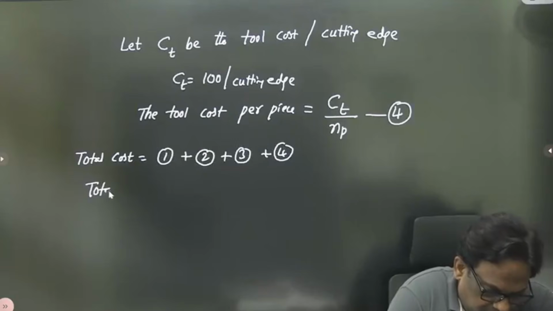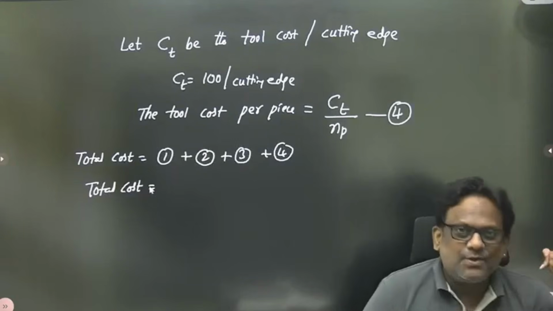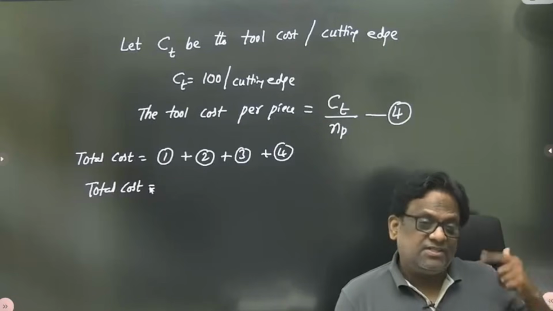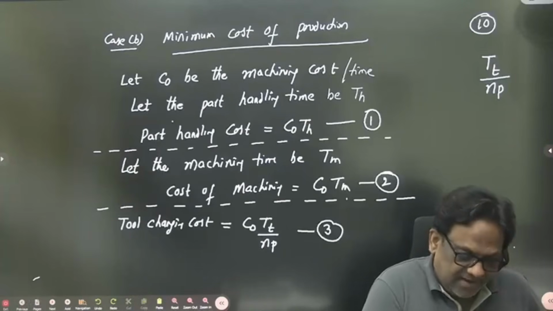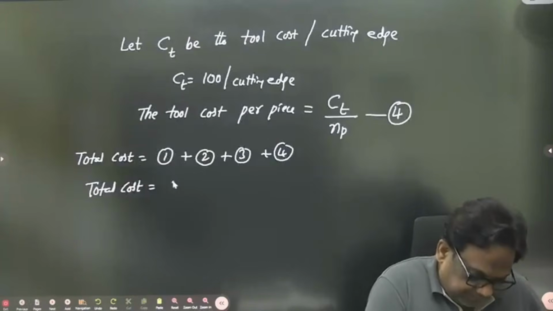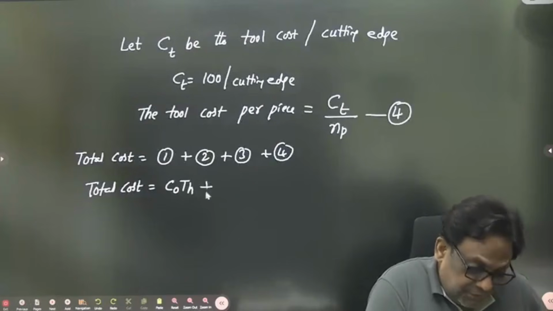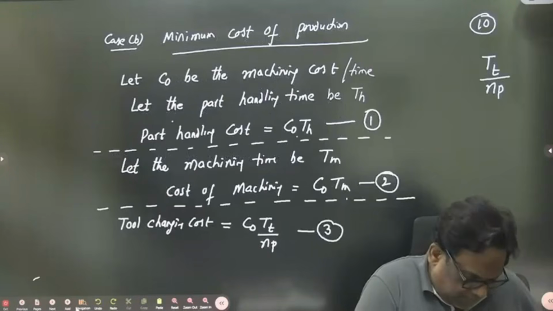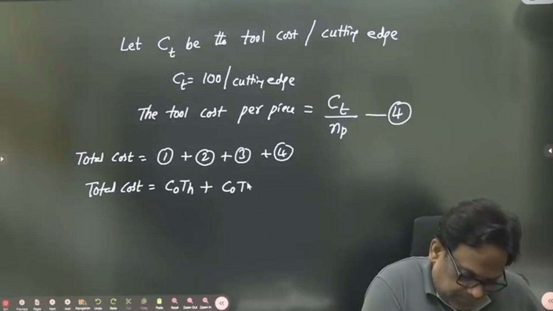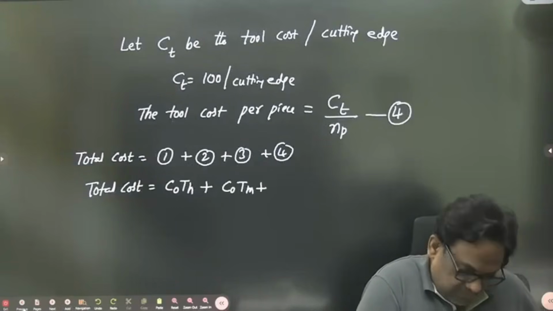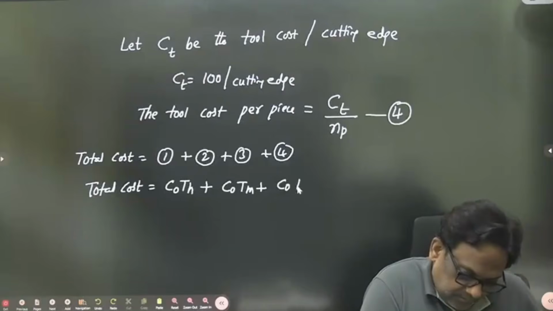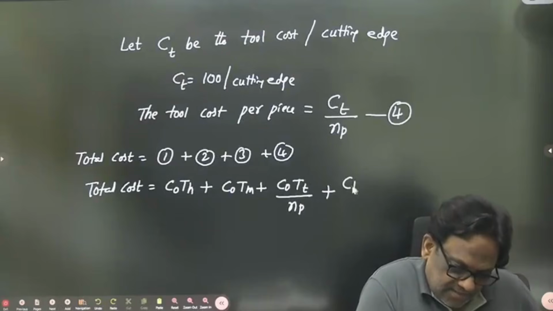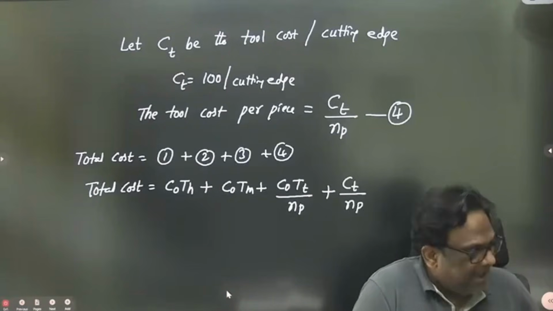So total cost will be... ऐसा ही नहीं छोड़ूंगा सर आपको, कन्वेंशनल क्वेश्चंस करवाऊंगा सर, क्योंकि ईएस के लिए मैं प्रिपेयर करवा रहा हूं आपको. सो सारे गेट ईएस सबके लिए 1 C0TH, 2 C0TM, 3 C0TT by NP, 4 CT by NP. खत्म, बाय बाय, टाटा, गुड बाय, गया.